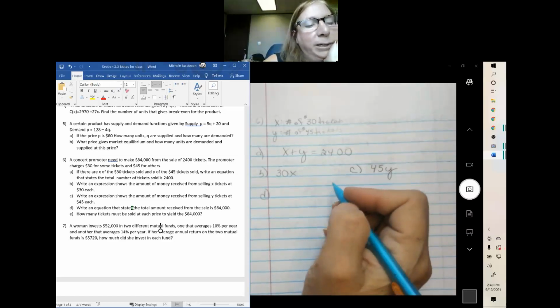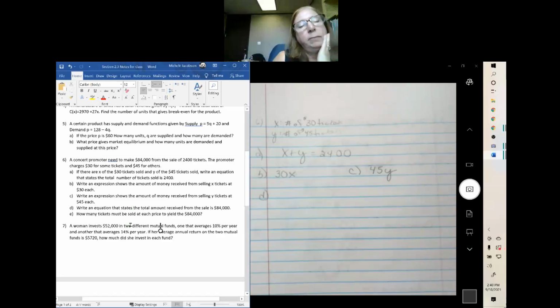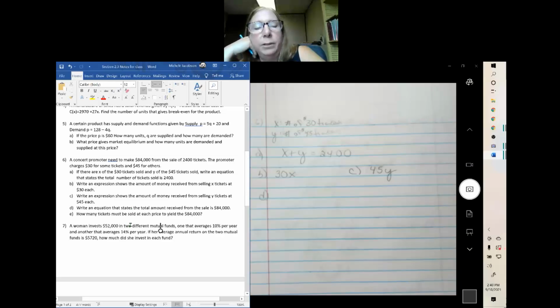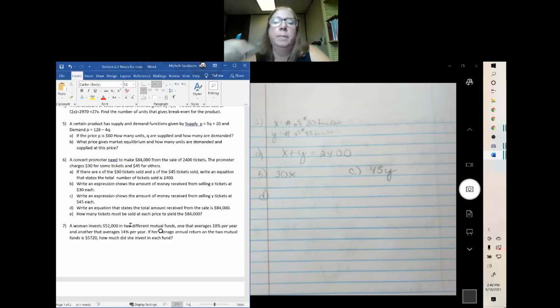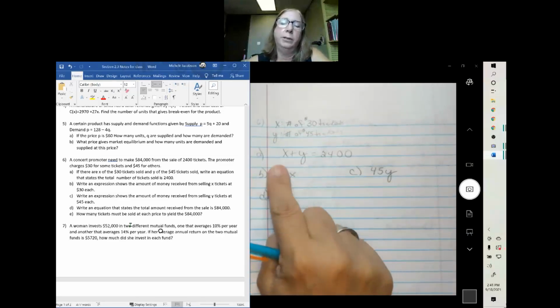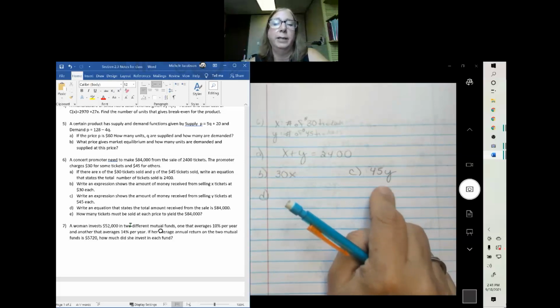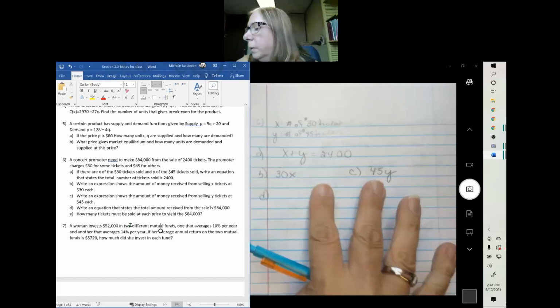I was hoping you were looking at the next one, but write an equation that states the total amount received from the sale is $84,000. So if we write an equation, they gave us the two expressions because this is the amount of money the $30 tickets bring in, and this is the amount the 45 tickets bring in. So did you add them together?